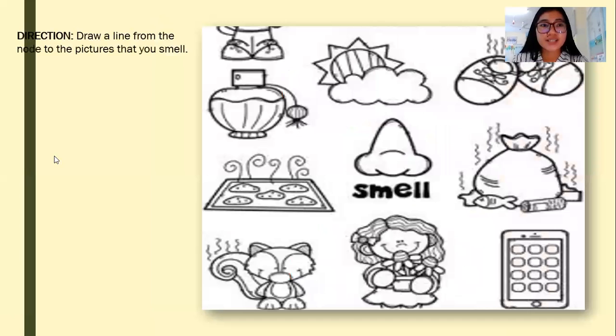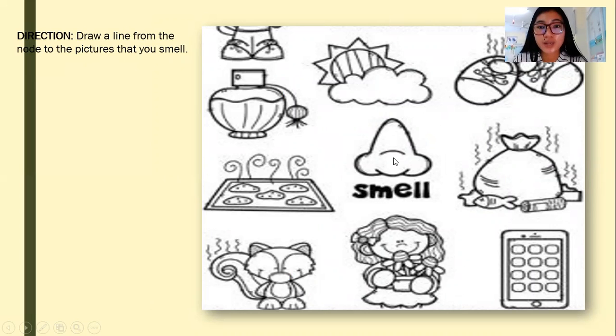All right, it says here, draw a line from the nose to the picture that you smell. Okay, so from your nose, we will draw a line to point to which picture you use your sense of smell for. Okay, so let's try.